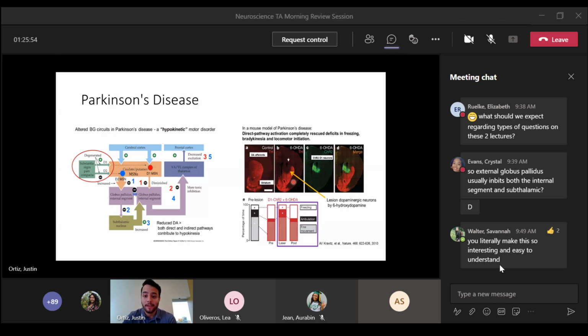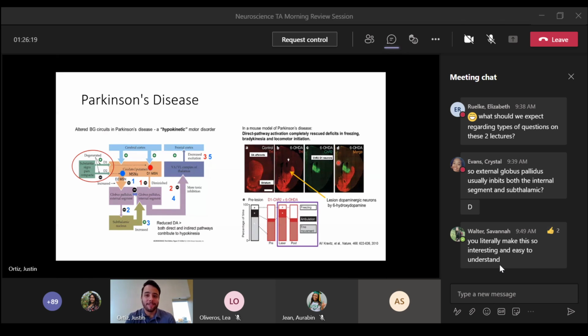They tried in a mouse study to destroy the dopaminergic neurons in the substantia nigra to see a Parkinson's-like state. Because if you kill those neurons, it leads to a Parkinson's-like state, and they found that they can kind of rescue those neurons by activating the direct pathway in these mice.